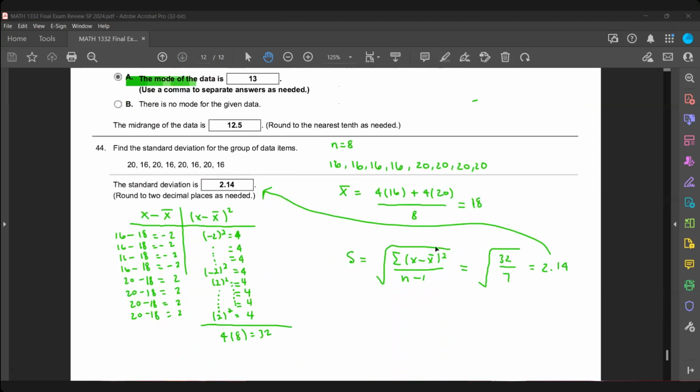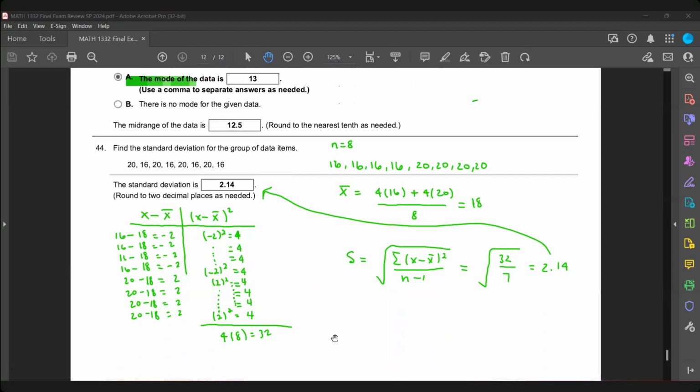But to find this, I believe it's easier to create a table showing the data item minus the mean, and then we square that quantity. This symbol says to add all these squared items and then divide them by n minus 1, and then finally take the square root.